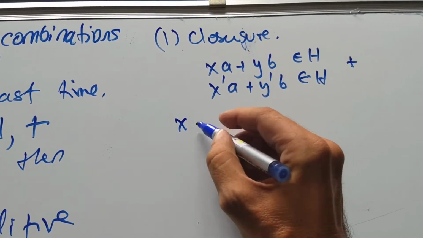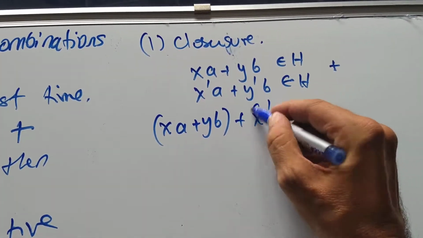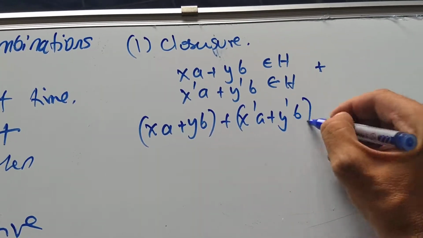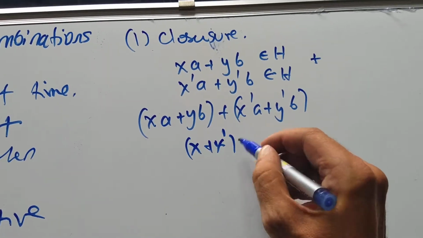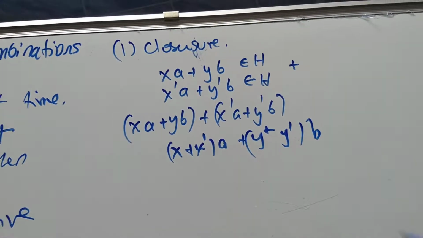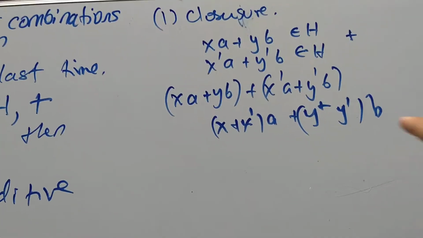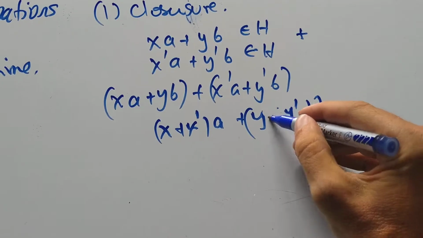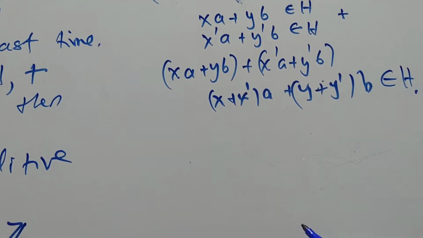We have xA plus yB plus x prime A plus y prime B. And this is (x plus x prime)A plus (y plus y prime)B. And of course this is an element of H. So yes, closure is good.